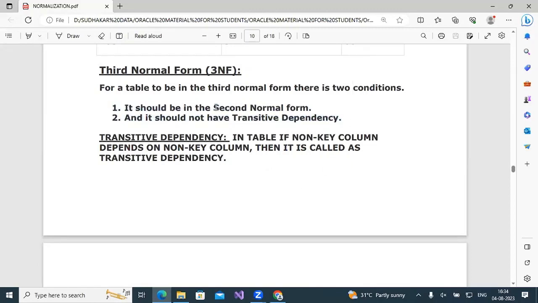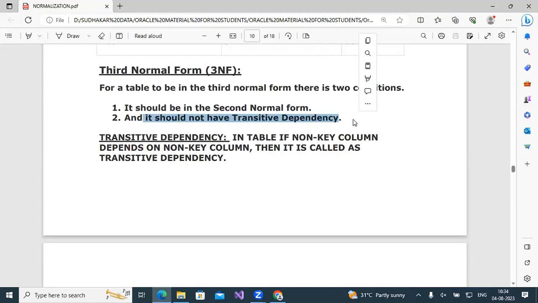One is that your table should be in the second normal form, which tells us there are no partially dependent columns. And extra, what do we need to satisfy here? It should not have transitive dependency columns. That is the latest technique here: transitive dependency columns should not be there.